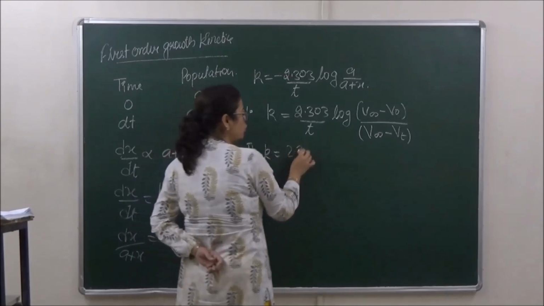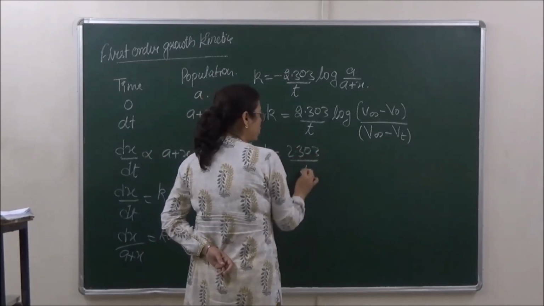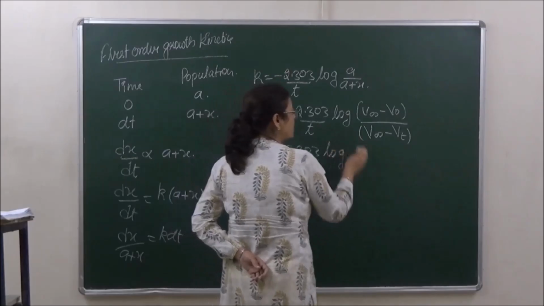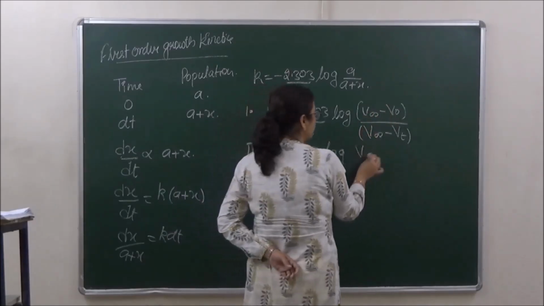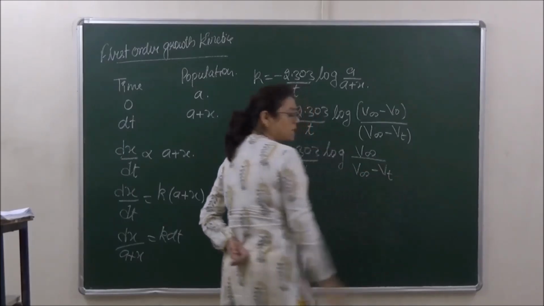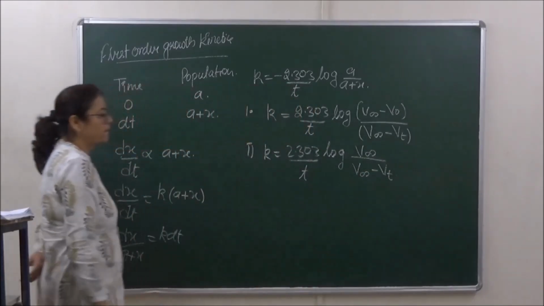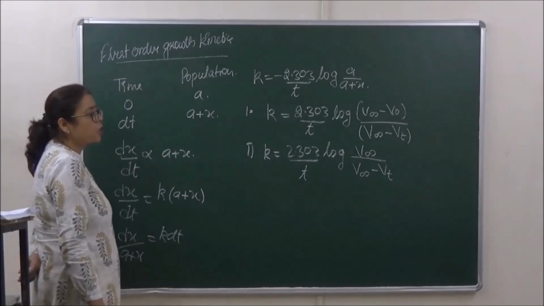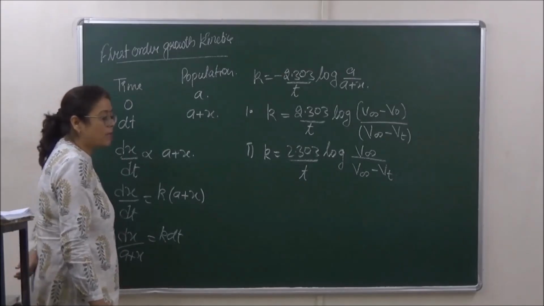K is equal to 2.303 upon T log of V infinity upon V infinity minus Vt. This is if V0 is not given to us.